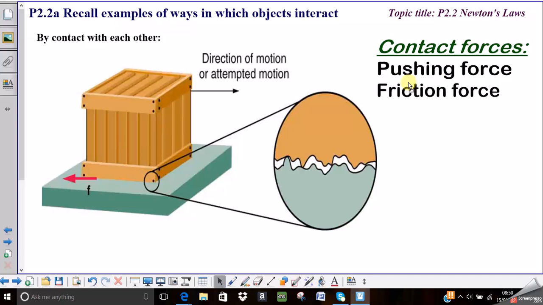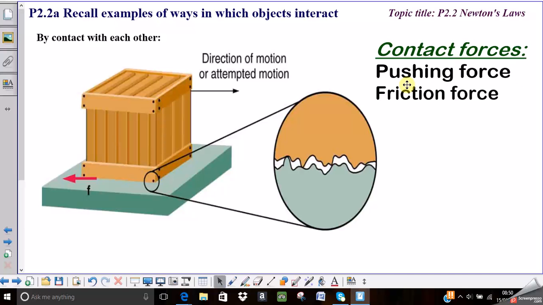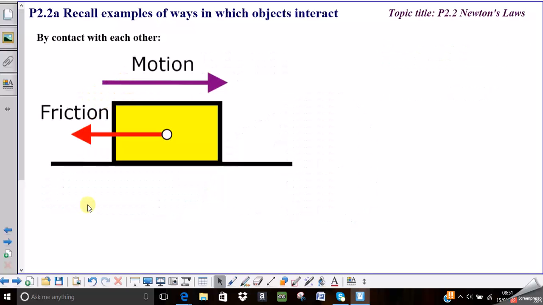So there are two contact forces that we can analyze here. Number one would be the pushing force, the one that's pushing the crate to the right, and the next one would be the friction force. It's not pushing the crate to the left, but it's trying to stop the crate from moving. That's why it's oriented to the left.